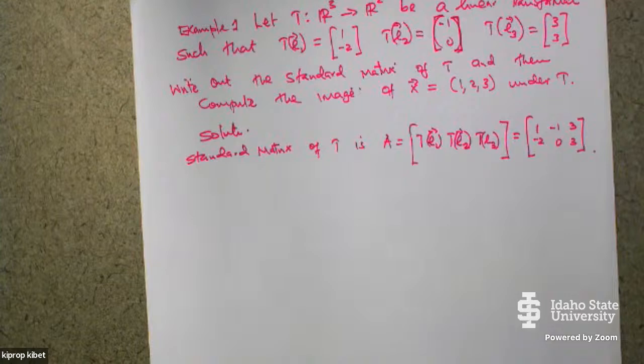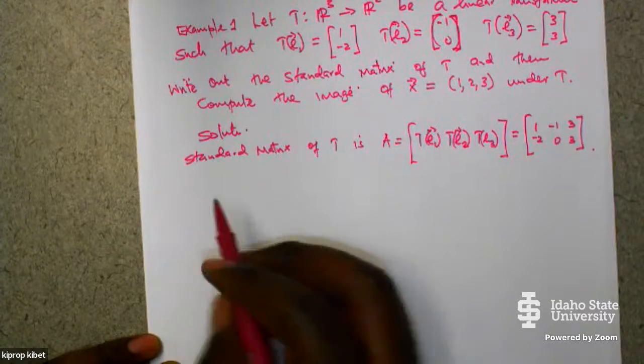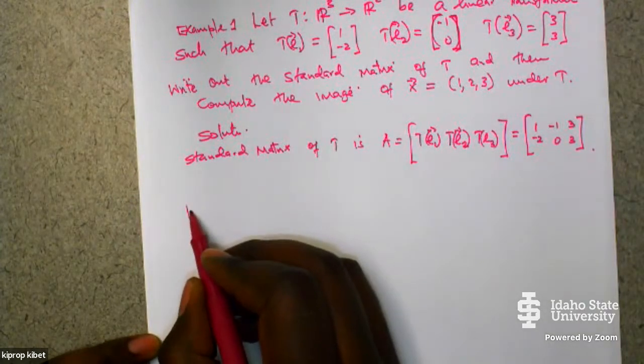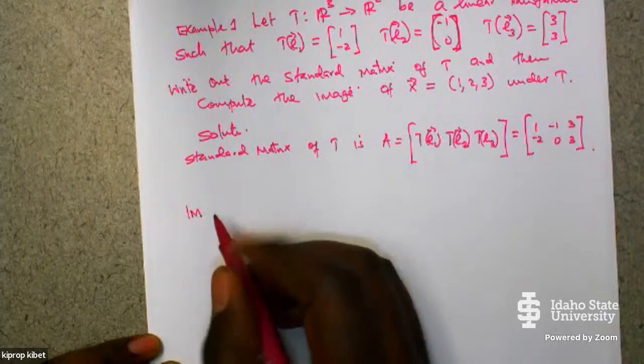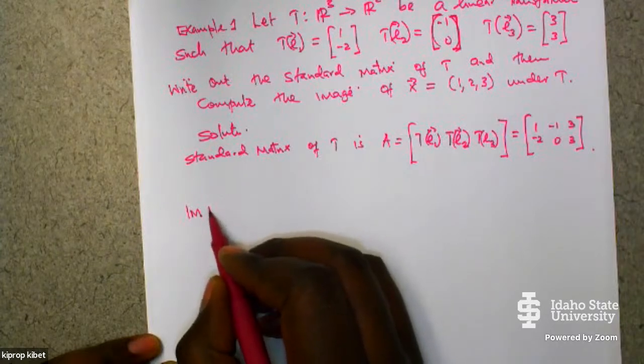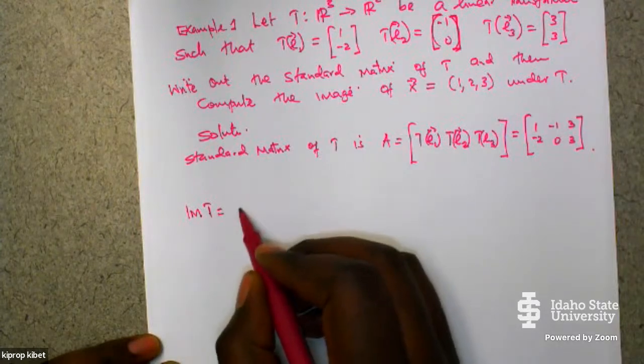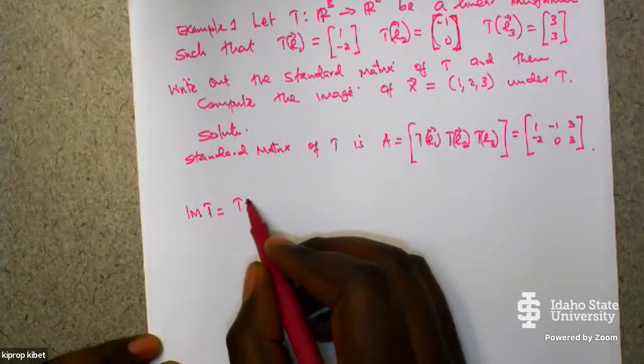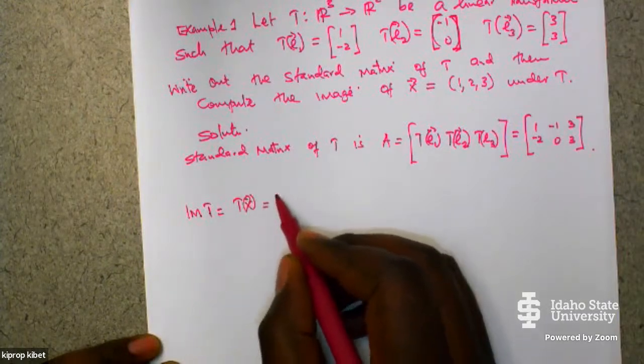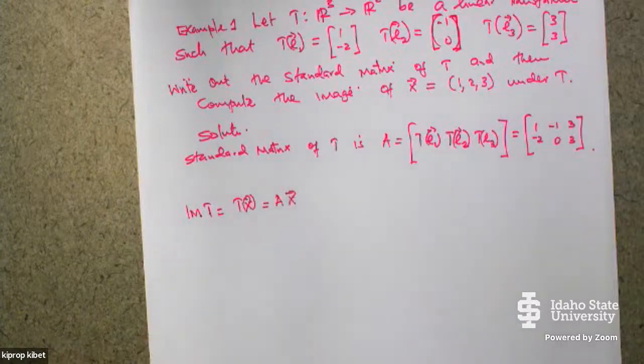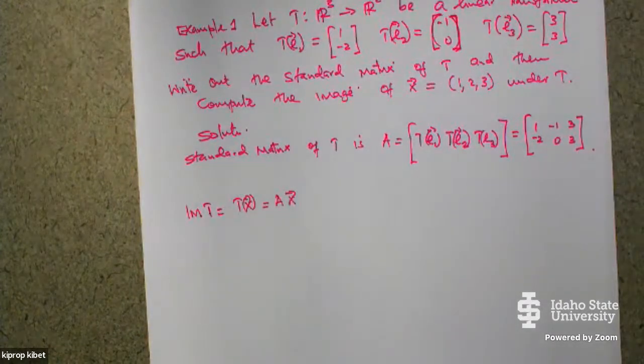Now let's compute the image of X. If we still remember, the image of T is the same as T of X, which is equal to AX.